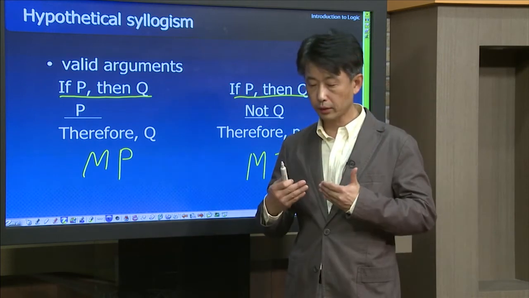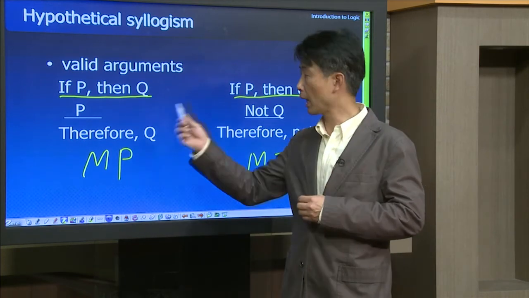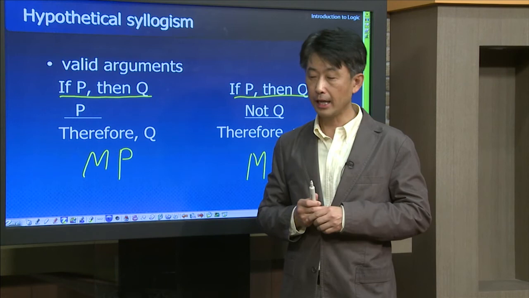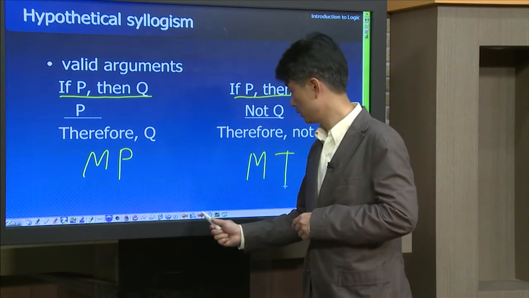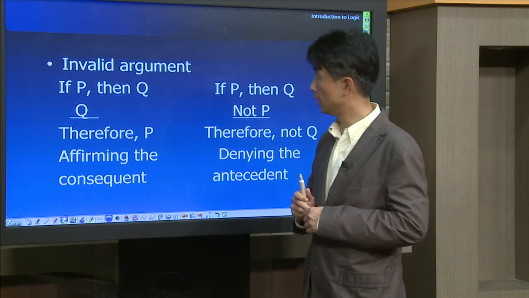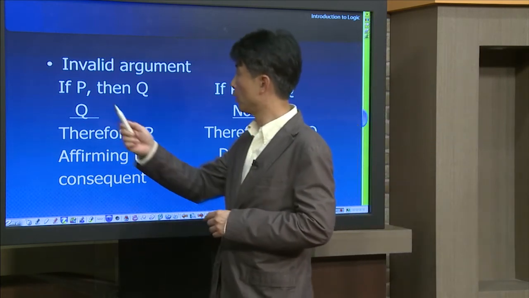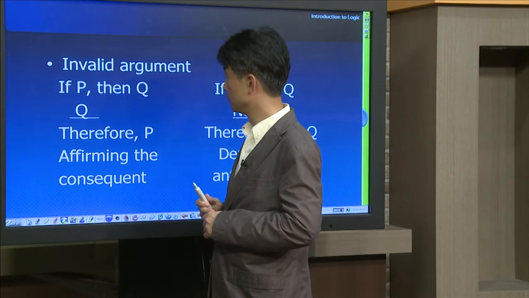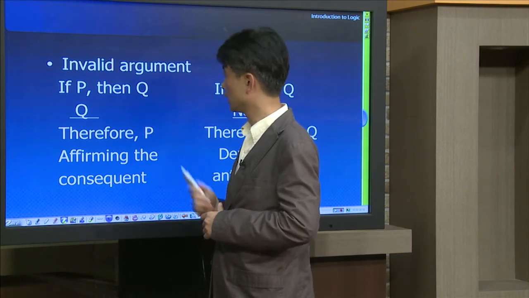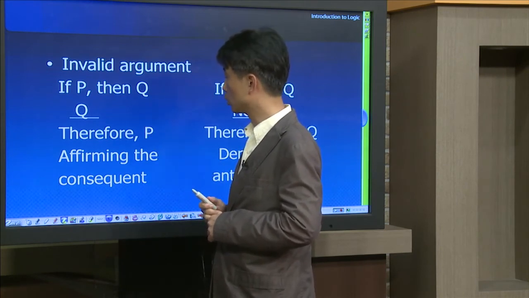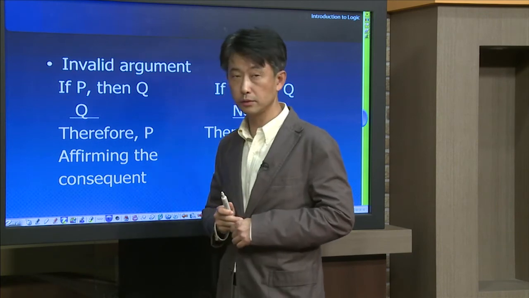There are hypothetical arguments that look like this, but are not valid arguments. And these are examples. Suppose if P then Q, and you know that Q is the case, can you conclude that P is the case?